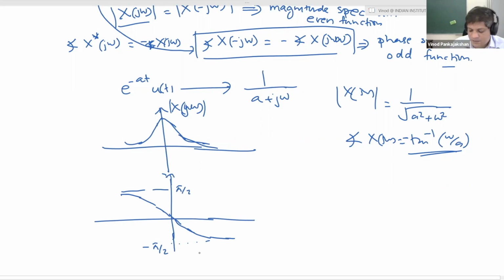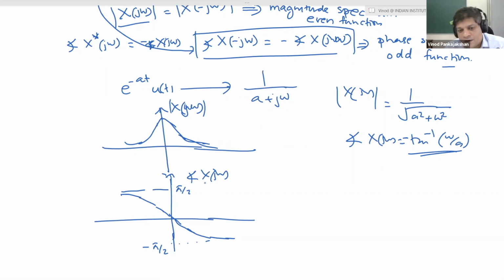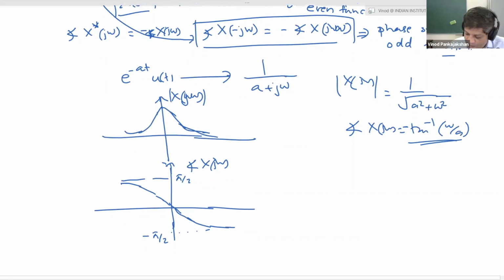This is the phase angle of X of j omega. It is an odd function of omega because it is antisymmetric about the y-axis. Okay, and this is true for any real valued signal. Okay, any question regarding this property?